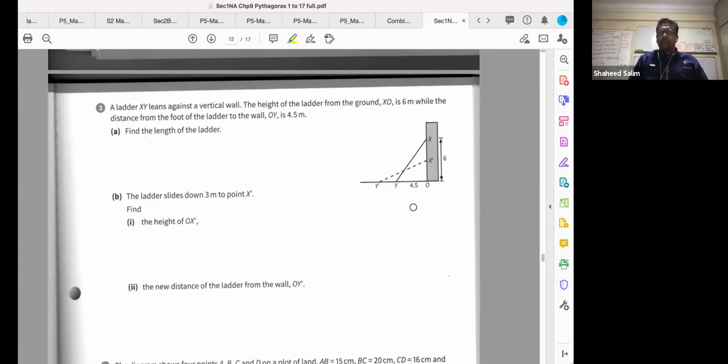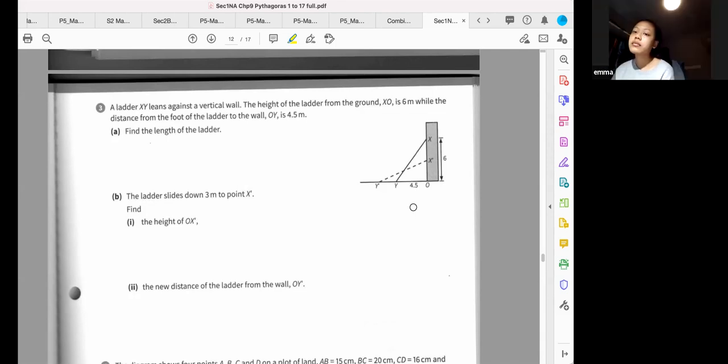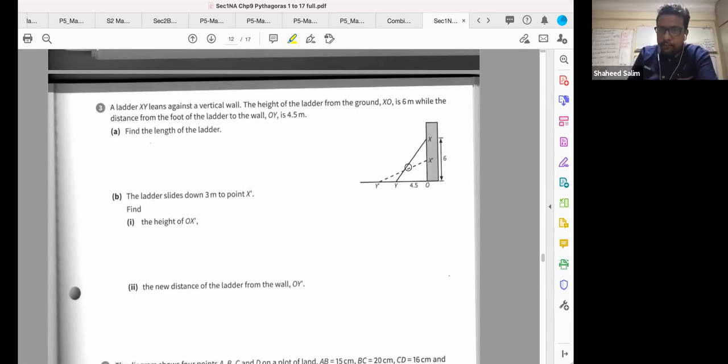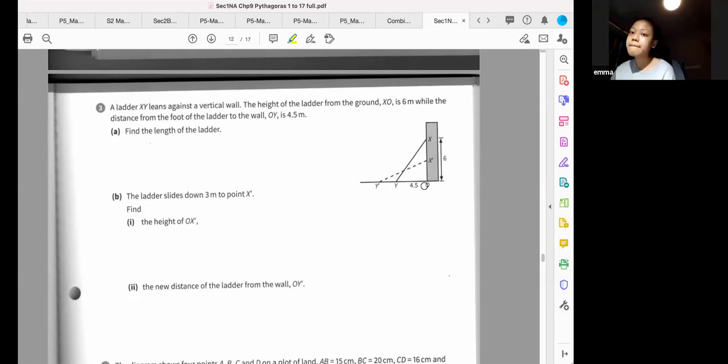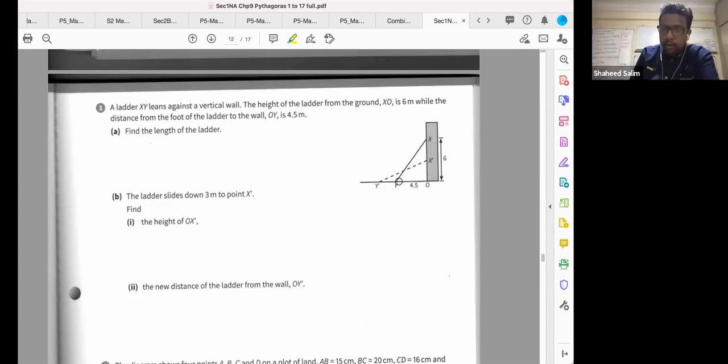You understand what 3 and 3a is saying? You can imagine the ladder, you know? Can you imagine? So here is the ladder, right? This is the height from the ground, and this is from the wall to the ladder.